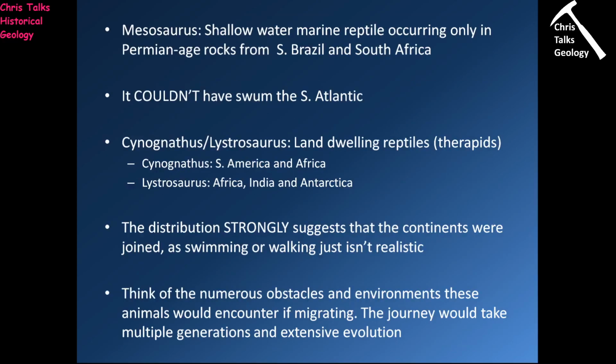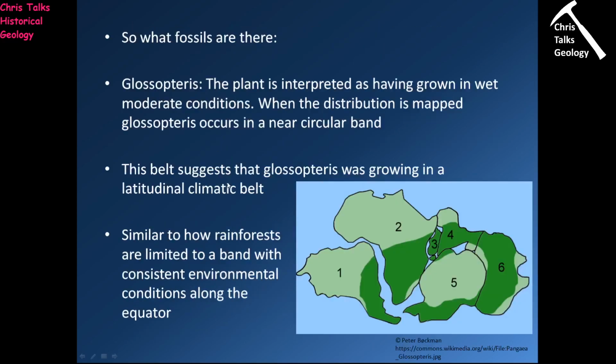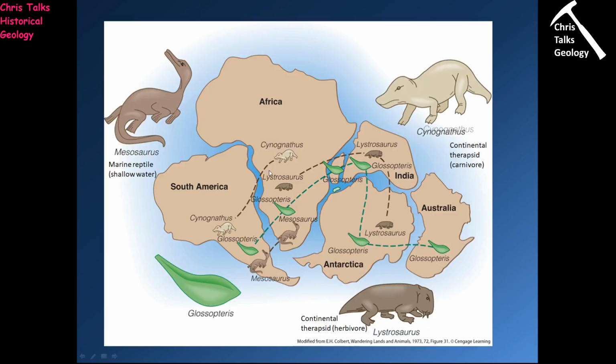In the case of Cynognathus and Lystrosaurus, in order to get those animals to where they are found, you would need absolutely massive migrations. Let's just think of Cynognathus here. Think how far it would have to go, assuming the continents were in their current position. Let's say that Cynognathus started in Africa. It would have to work its way all the way up through Africa.